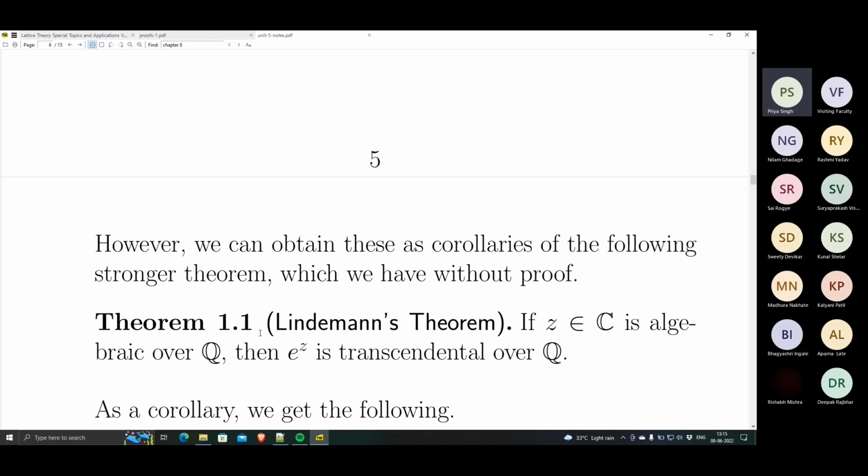If we take z equal to 1, then e is transcendental over Q. So when you take z equal to 1, what happens? According to this theorem, e is transcendental over Q. But what is the condition that should be satisfied? 1 should belong to the set of complex numbers, and algebraic over Q. So is 1 algebraic over Q?